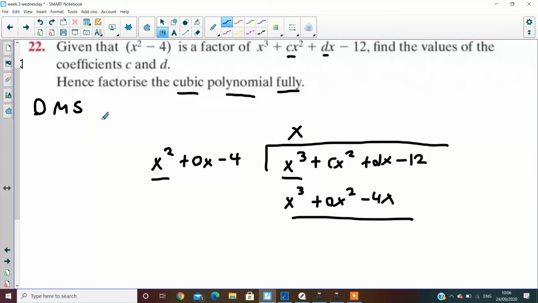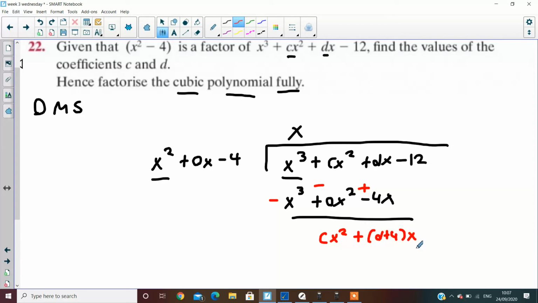Next thing we're going to do is subtract. Subtract is the same as change in sign, so what do you do here? Minus, minus, plus. What do you get when you do cx squared take away 0x squared? Just cx squared. What's here then? dx plus 4x, which is the same as d plus 4x.